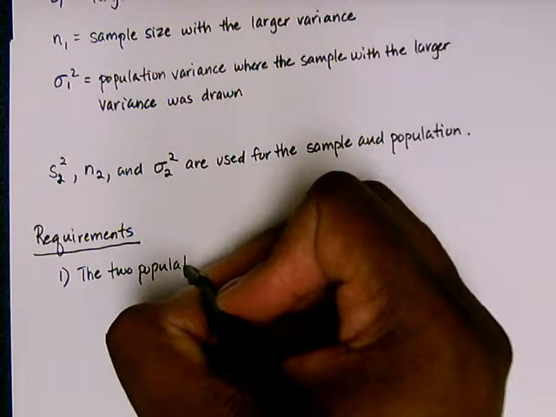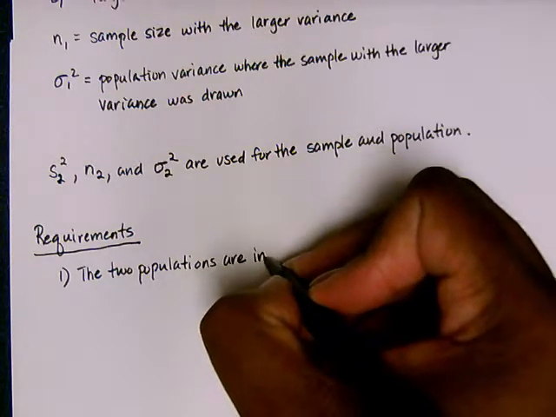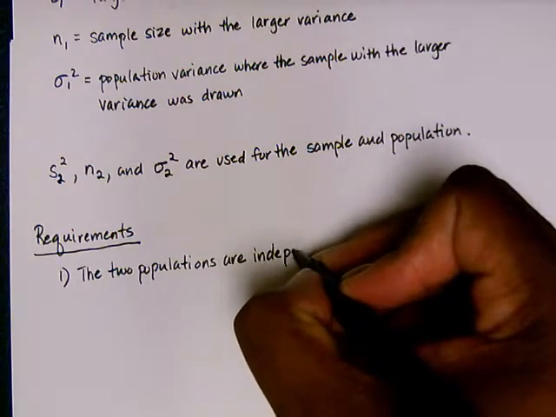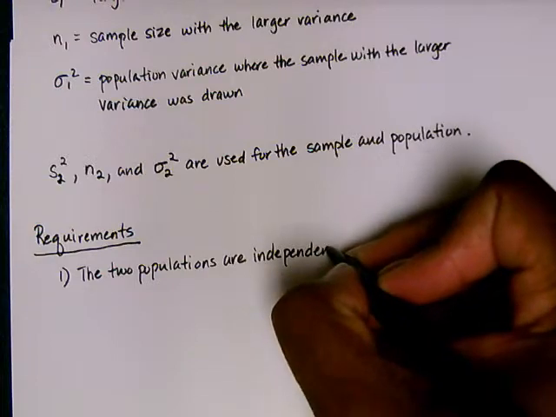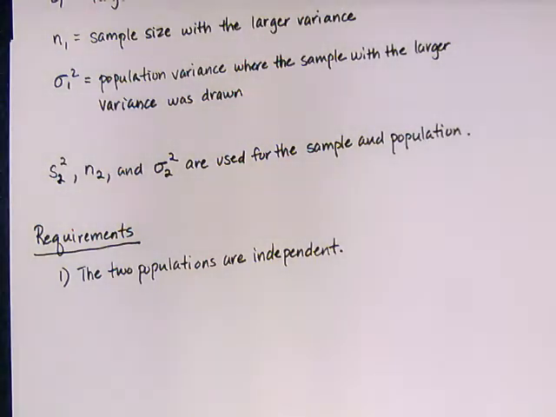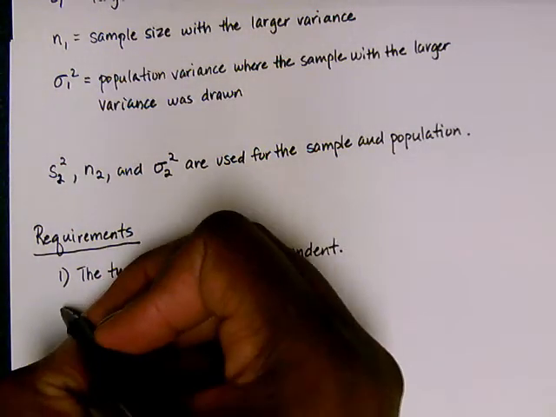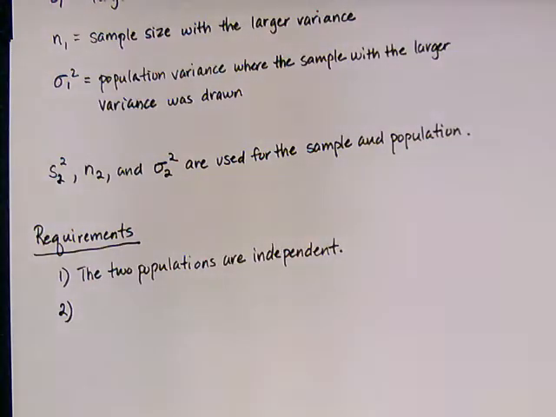And what that means is this: that one population has no relationship with the other population. Or we can say that the sample from the first population has no relationship with the sample of the second population. So here those two populations have to be independent.